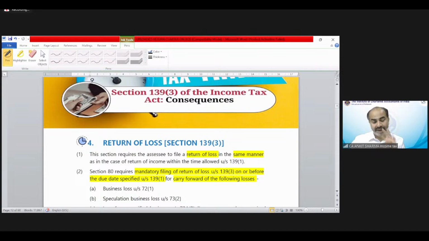And section 80 is connected with section 139(3). So you can see section 80, the set off of losses chapter, requires mandatory filing of return of loss under section 139(3) on or before the due date as specified under section 139(1) for carry forward of the following losses.